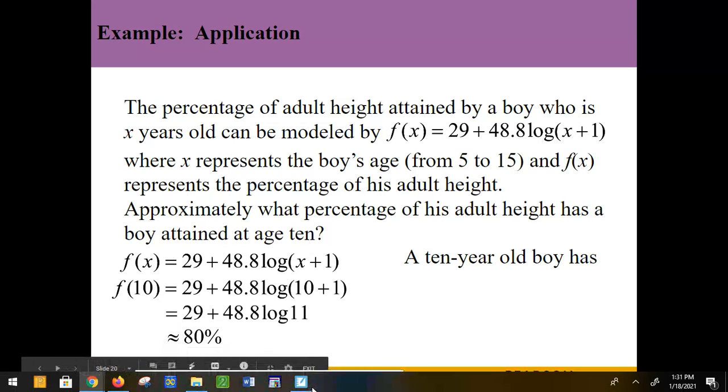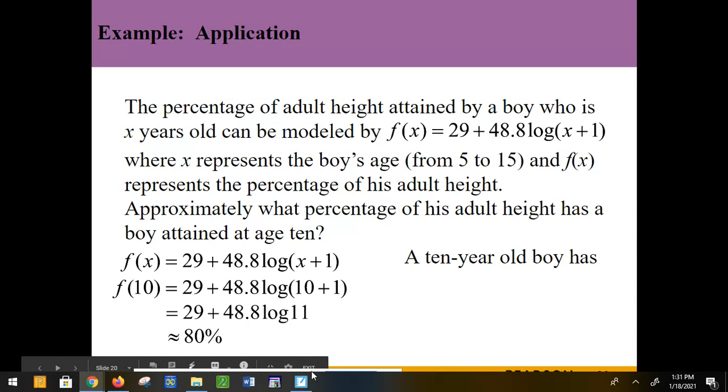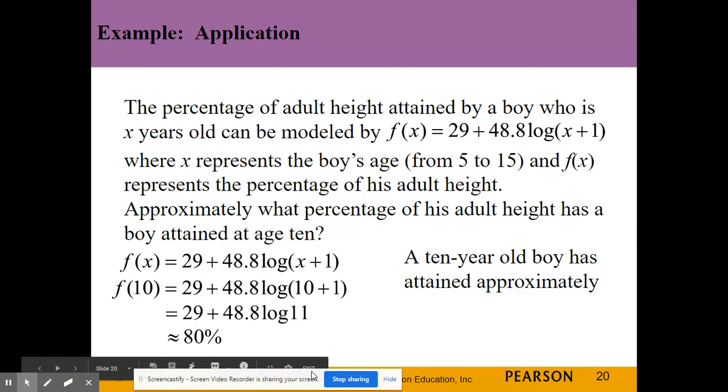So if you were to evaluate that on your calculator, you're using that log button on your calculator. Literally just type it in as 29 plus 48.8 times log 11. It's implied that it's the base of 10 when you use that button. So a 10-year-old boy has attained approximately 80% of his adult height.